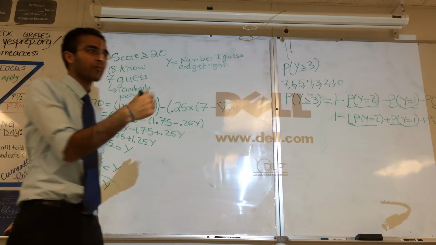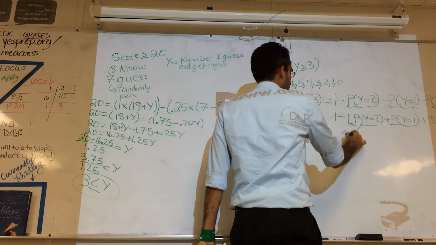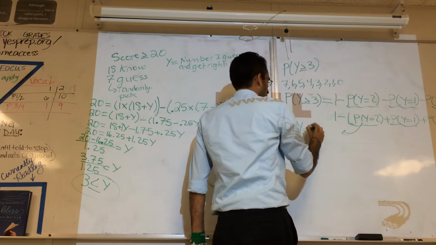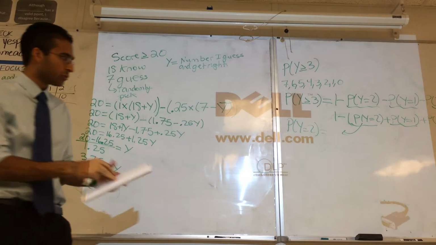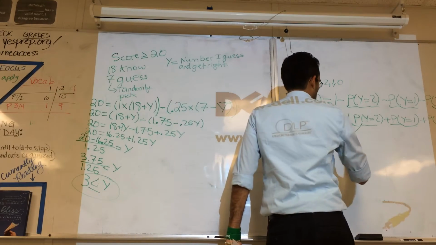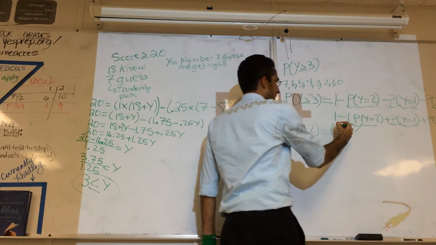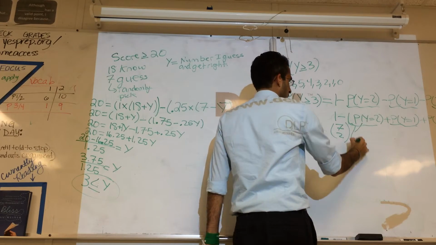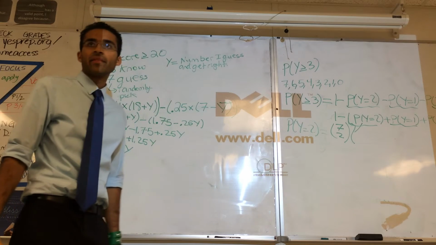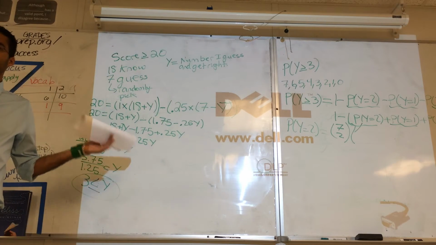So let me model the first one and then you guys can follow the rest. So the probability that y equals 2, we know this is a binomial distribution. So probability that y equals 2 says, well, we do 7 trials choose k, where k is 2. And then we multiply that by the probability of success.